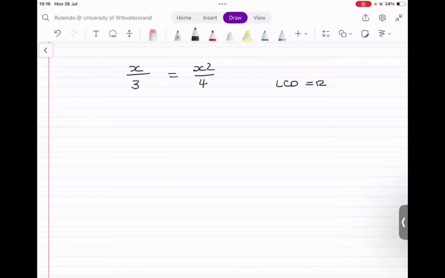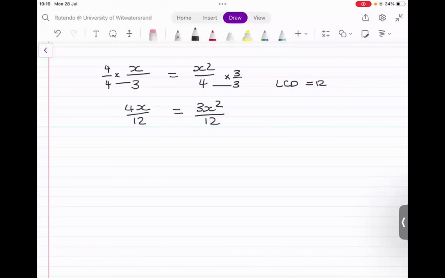So if I want to put my LCD on both sides, this has to be 4 over 4 and this has to be 3 over 3 to get to my LCD. So I would end up having 4x over 12 on this side, and 3x squared over 12, because I have 4 times 3 here and 4 times 3 there.